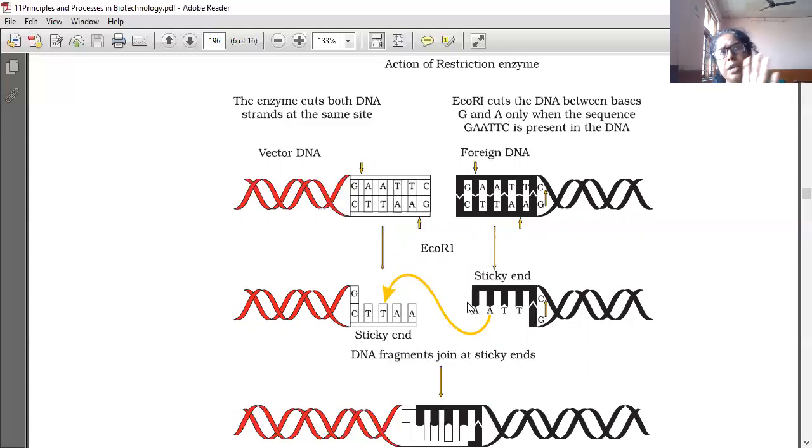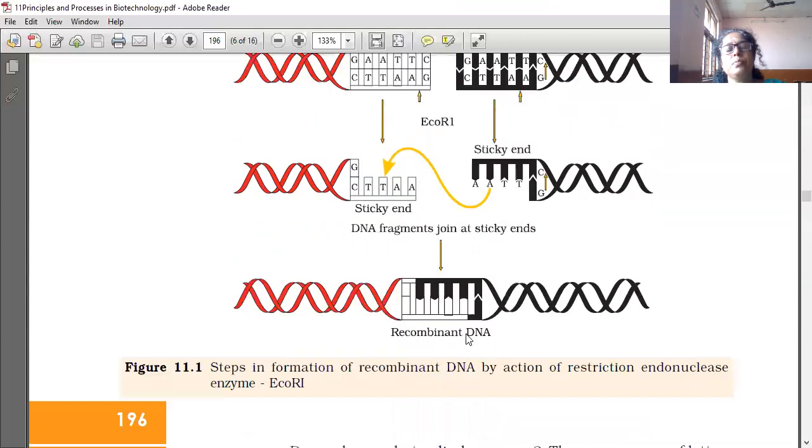So now you understood why the restriction enzyme cuts both at the same place.